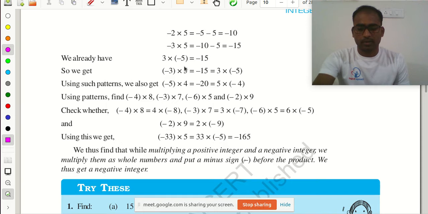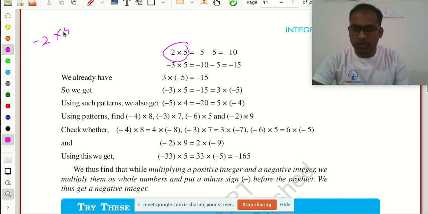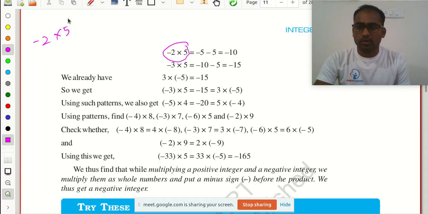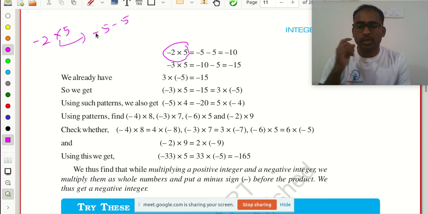See here, we need to understand this concept now. Minus 2 is multiplied with 5. What is the meaning of this one? Minus 2 is multiplied with 5. I can write this as minus 5, minus 5. Is that right? Minus 5 into 2 times.